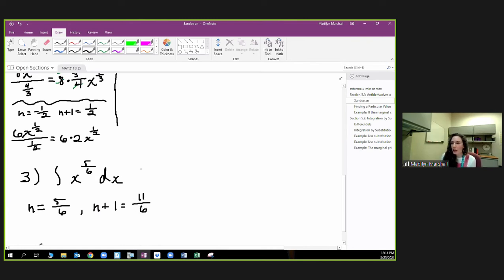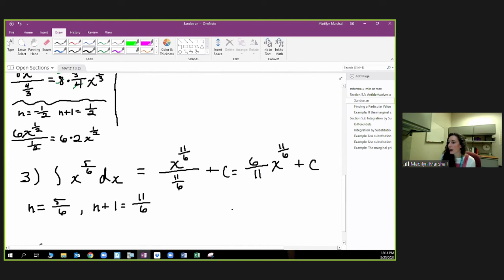So when we put this together, we have x, which is being raised to the new power of 11/6, and then it's being divided by that new power of 11/6. But it's weird to leave it like this, so that denominator should flip and multiply. So we would end up with 6/11 x to the 11/6.